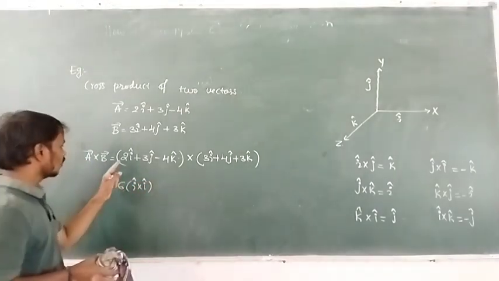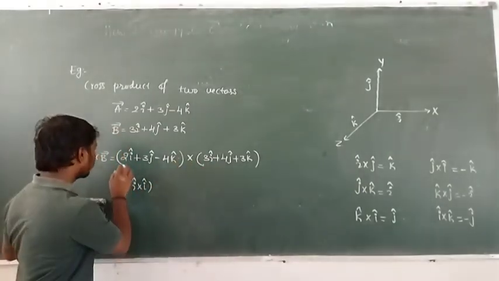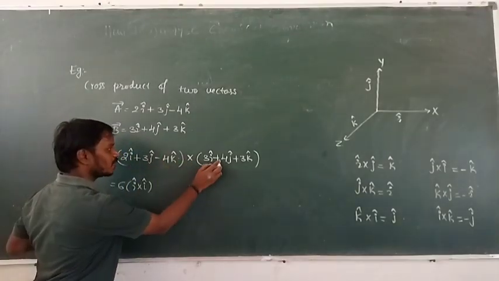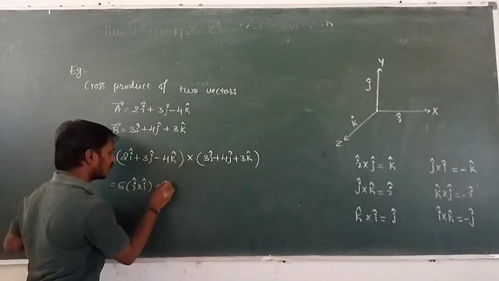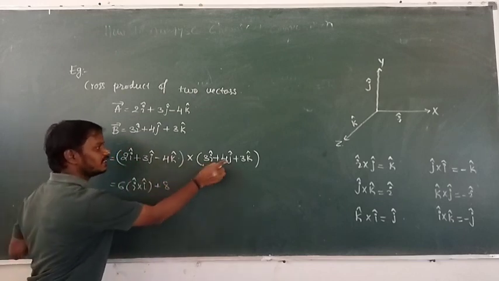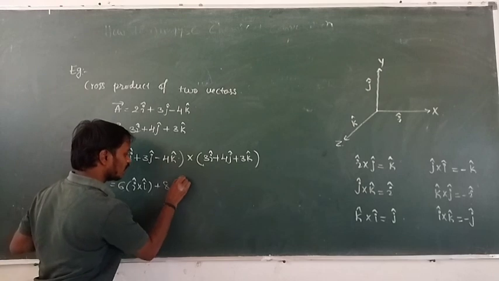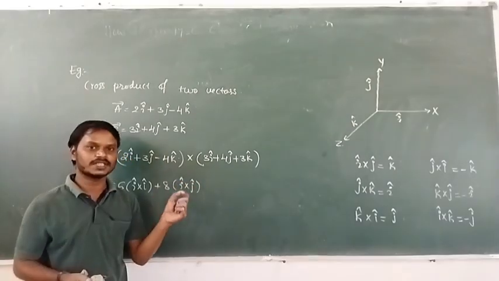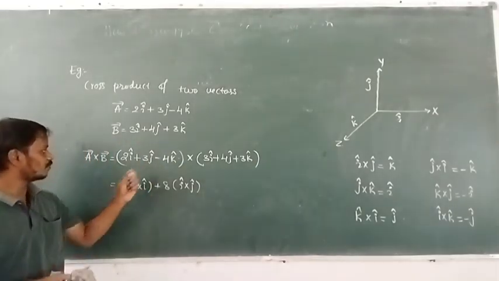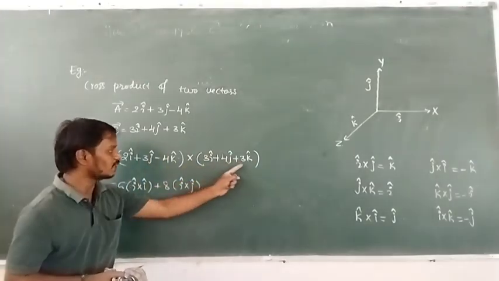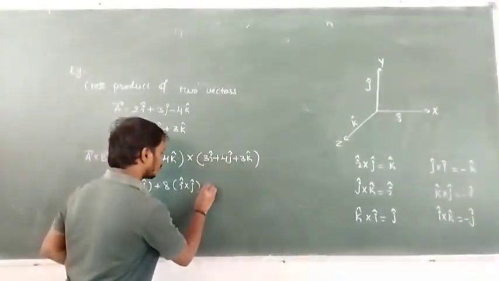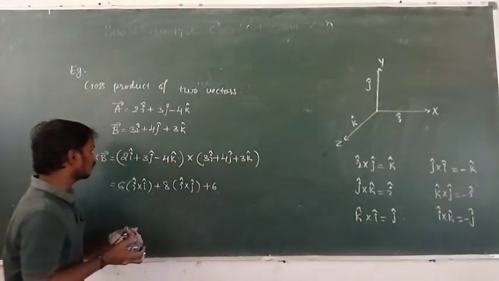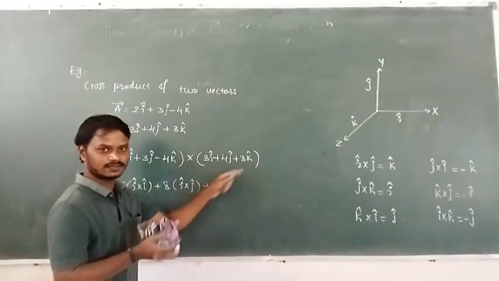Next, 2 into 4, plus into plus, is 8, then i cross j. We are taking the cross product of vectors only. Next, 2 into plus 3 is plus 6, times i cross k.